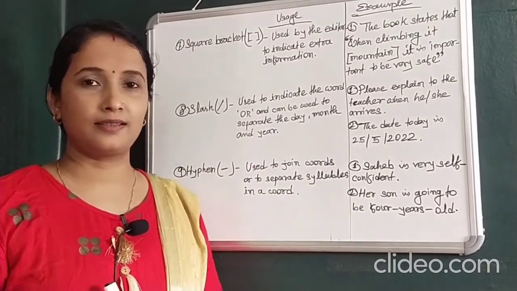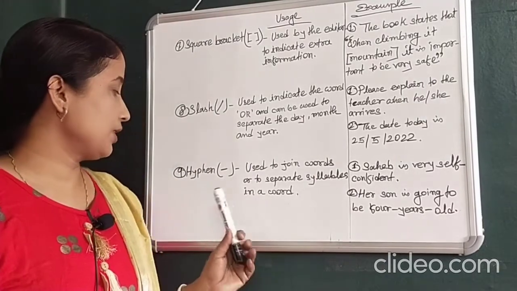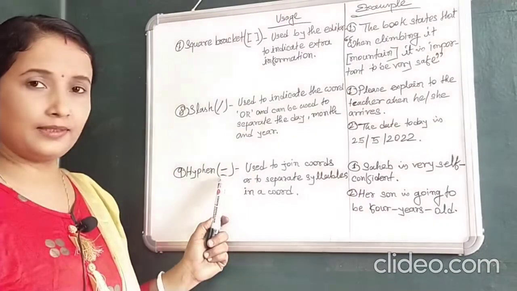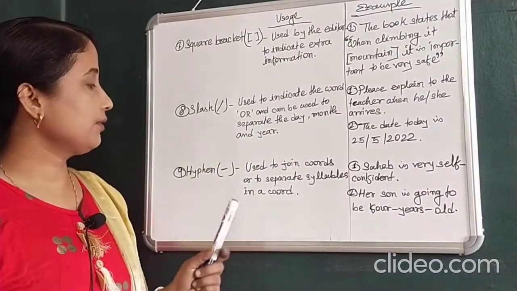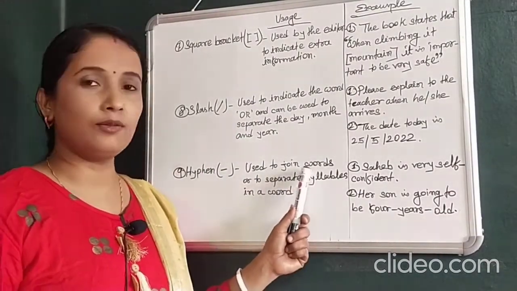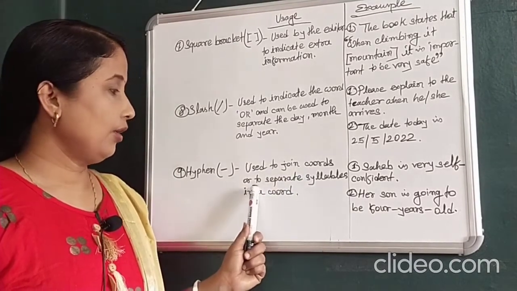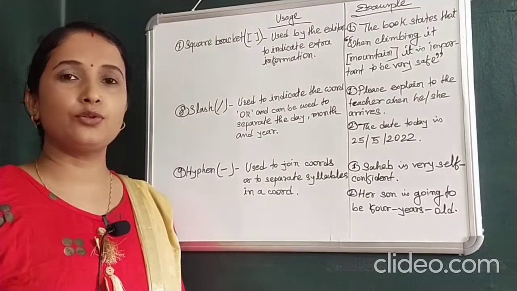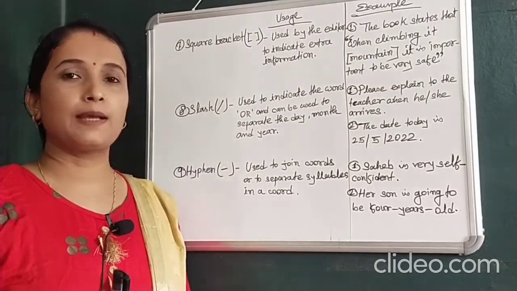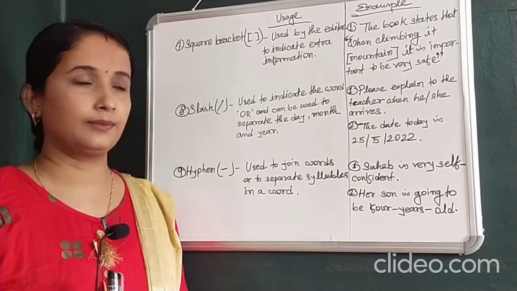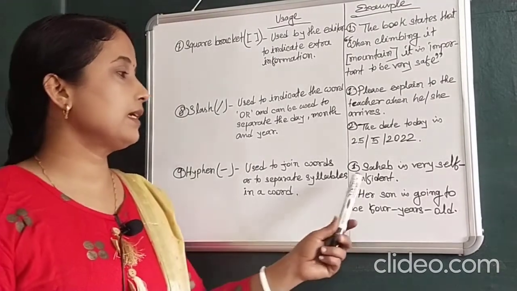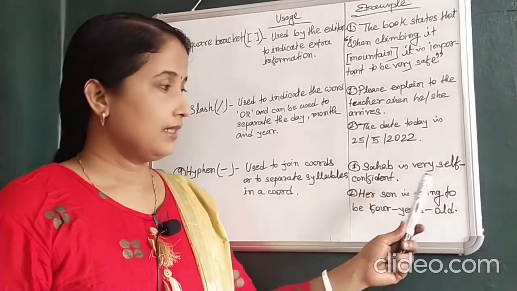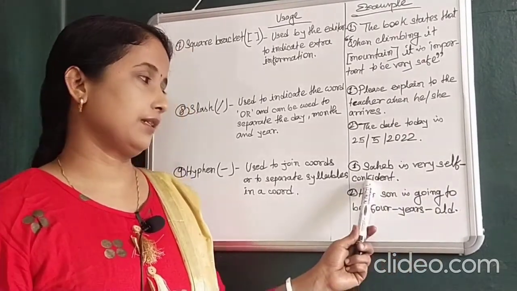Next punctuation mark is hyphen, and this is the symbol of hyphen. Now when we use hyphen, it is used to join words or to separate syllables in a word. Now let's see an example: Saheb is very self-confident.